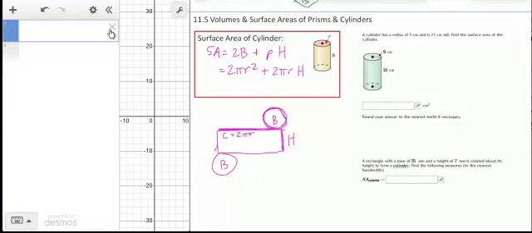Okay, so here is the formula for the surface area of a cylinder, but really it's no different than the formula for a prism. If you have 2 congruent parallel bases, and it's a prism or cylinder, this is what your formula looks like.